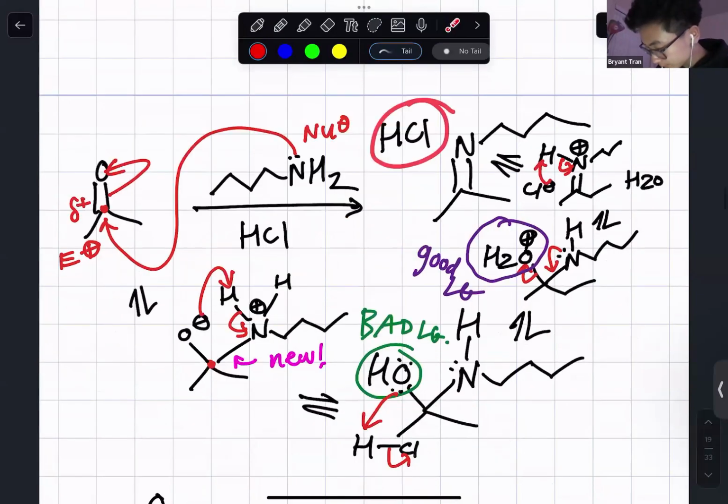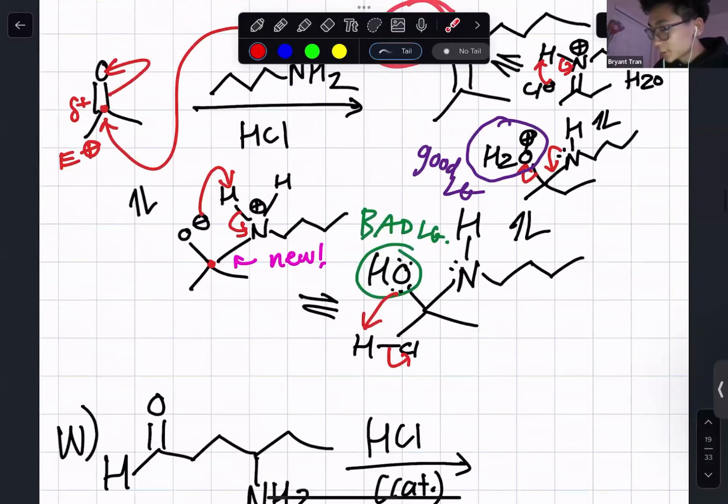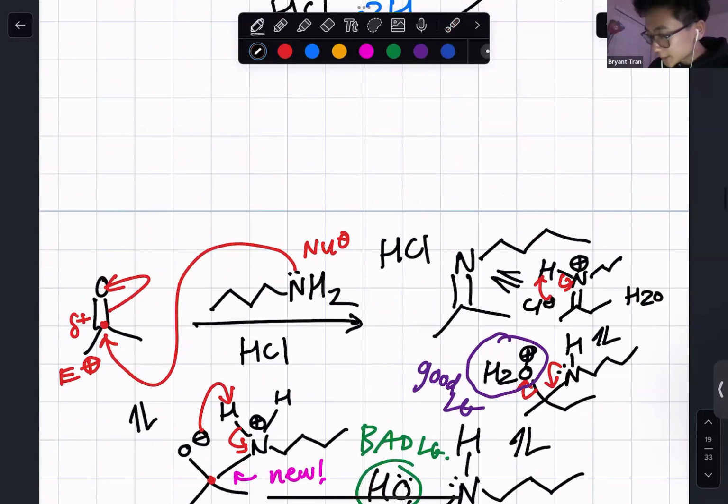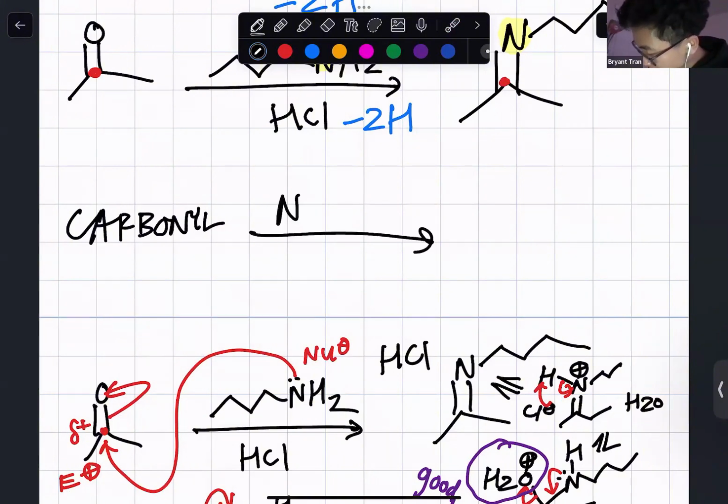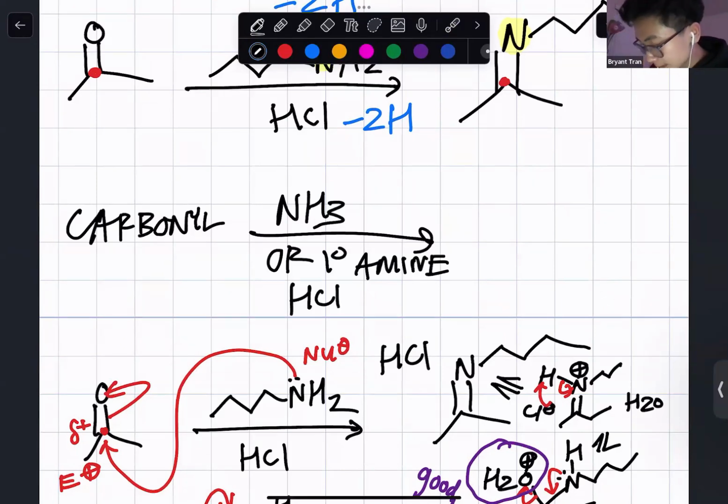Okay, so imine formation, we see that it is a carbonyl reacting with either ammonia or a primary amine in acid, let's say HCl for example, because that's the common one that Lievens uses, and that's going to form an imine.